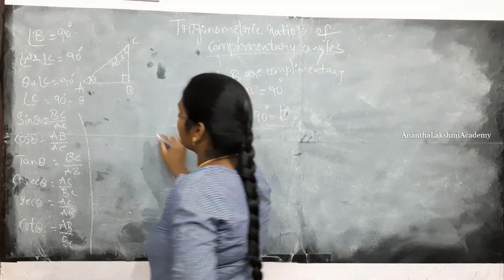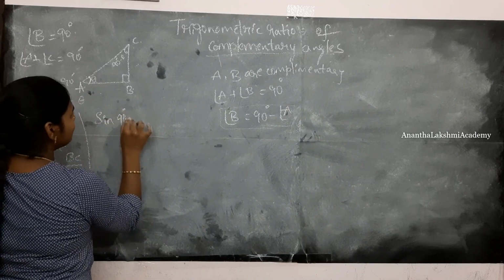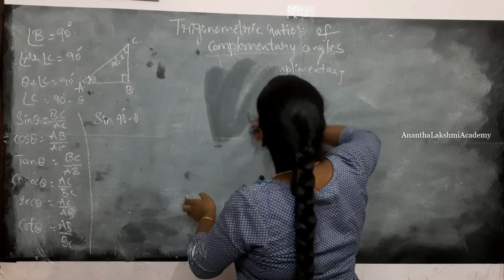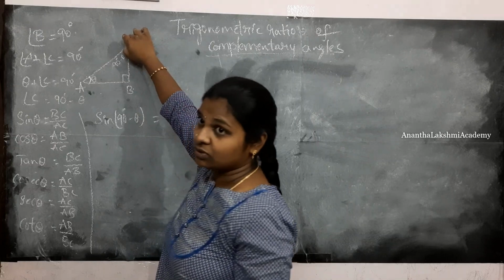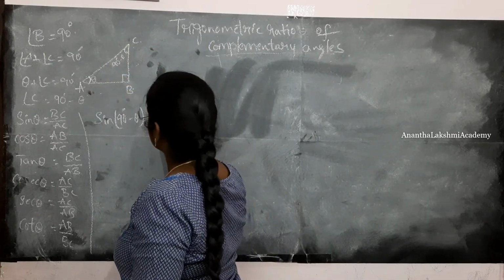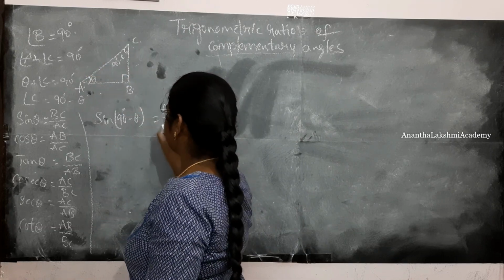So here, what is sine of 90 minus theta? From here we are looking, so what is the opposite side? AB by the hypotenuse AC.